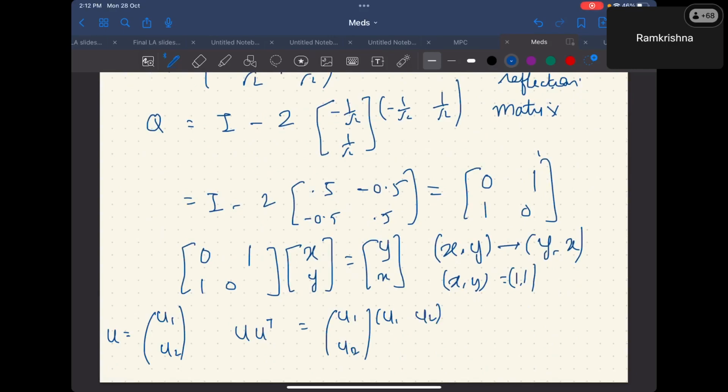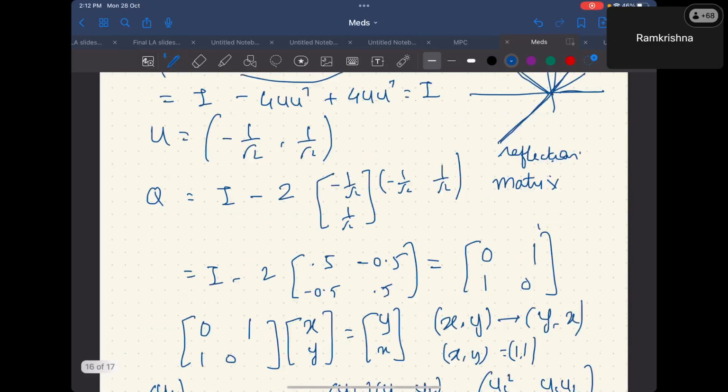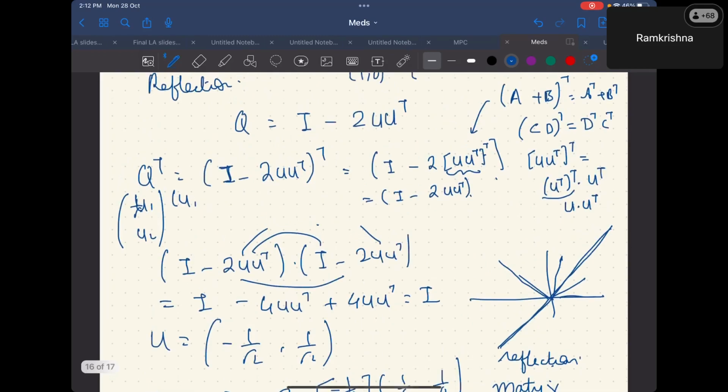This gives U1 square, U1 U2, U2 U1, and U2 square. You get a matrix, right? That is why this here is an identity matrix. U U transpose will come across as a 2 cross 2 matrix. Correct. So basically, if I want to get the reflection of some vector or point like XY, you gave the example.